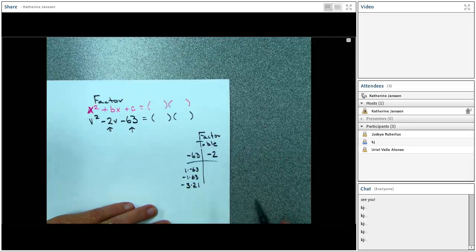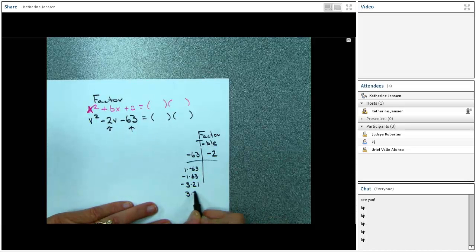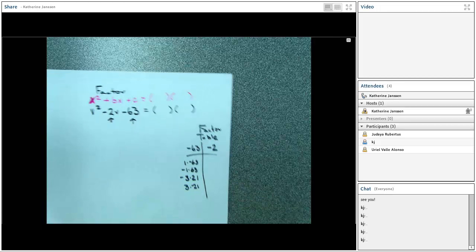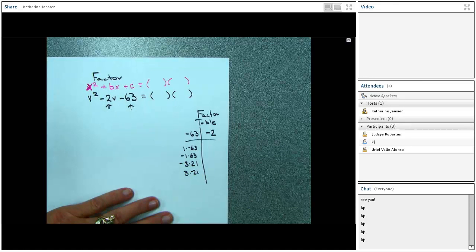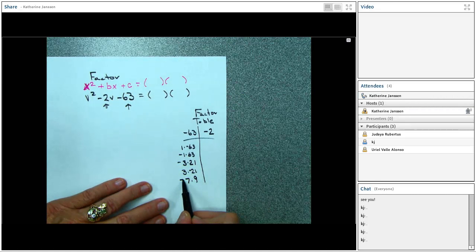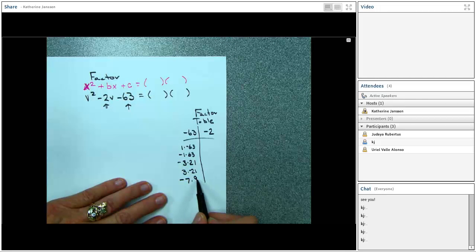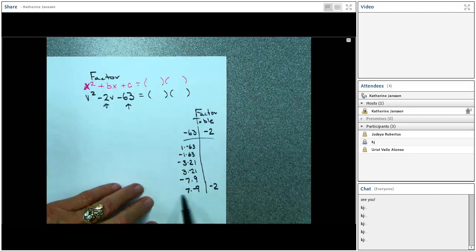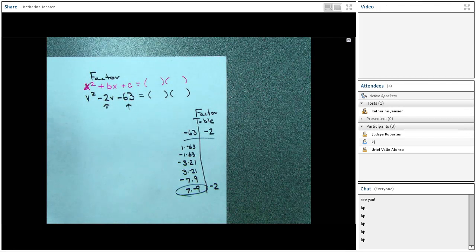So a negative 3 times 21 and 3 times a negative 21, but I'm still not able to add to the value of negative 2. 7 times 9. Negative 7 times 9 would add to a positive 2. 7 times a negative 9 would be a negative 2 when I add my factors. So my factor pairs are negative 9 and a positive 7.